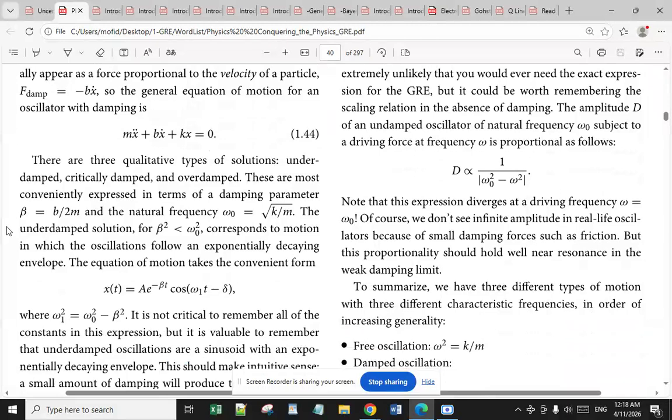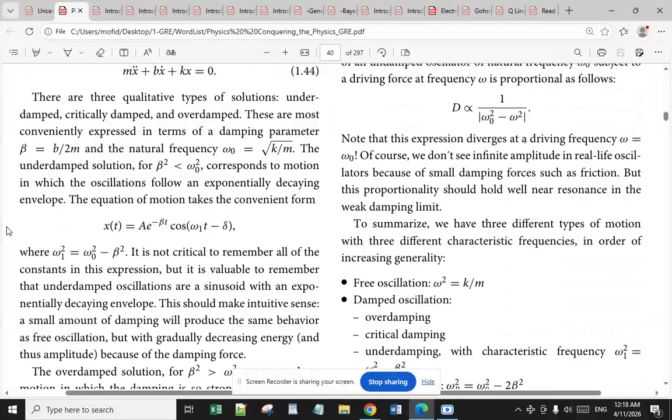Note that this expression diverges at driving frequency omega equal to omega 0. Of course, we don't see infinite amplitude in real-life oscillators because of small damping forces such as friction, but this proportionality should hold well near resonance in the weak damping limit.